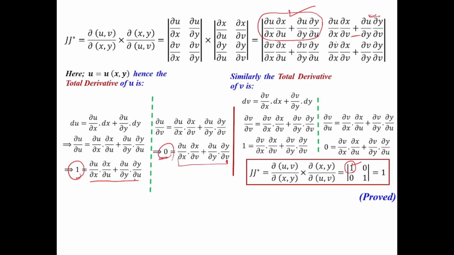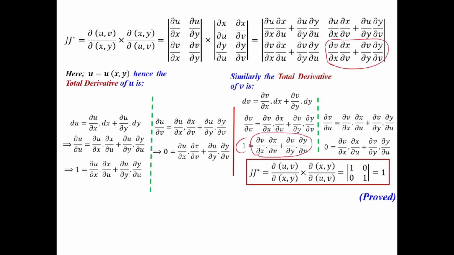Just substitute 0 instead of this term over here, and consider this one: del v by del x into del x by del v plus del v by del y into del y by del v. Here the value of this one is equal to 1. Just substitute 1 over here.